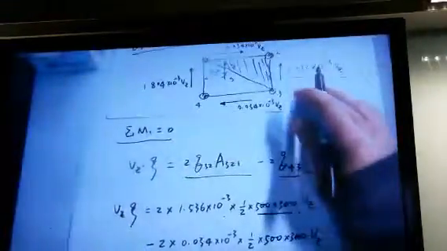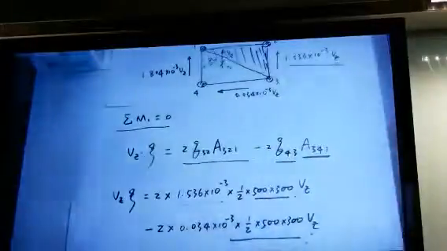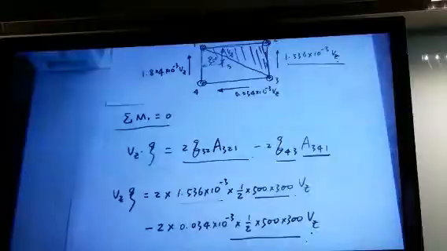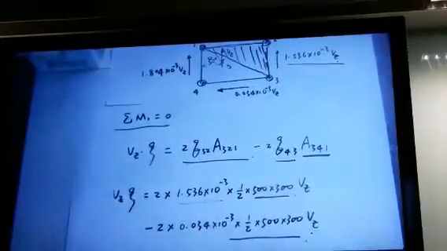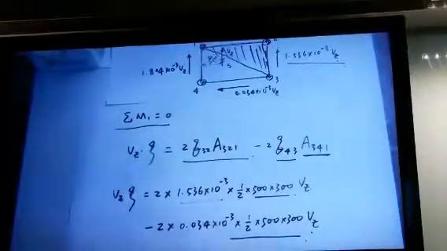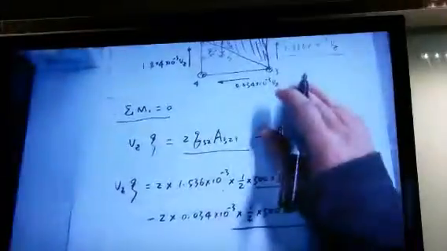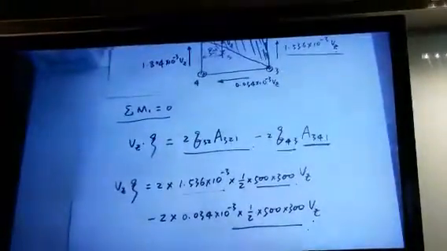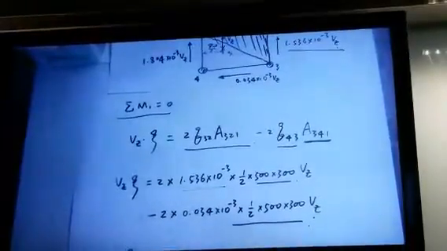Look at these three terms. You have Vz on both sides, right? Vz here, Vz here, Vz here. Vz will be gone. Vz is a non-zero shear force. The only unknown is C. You can calculate the shear center this way. The shear center is 225.